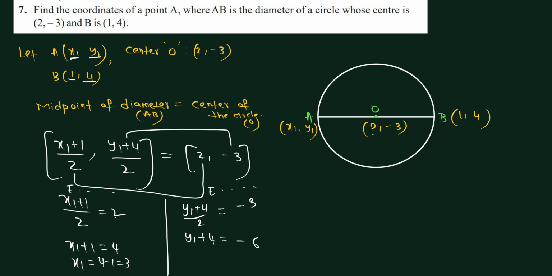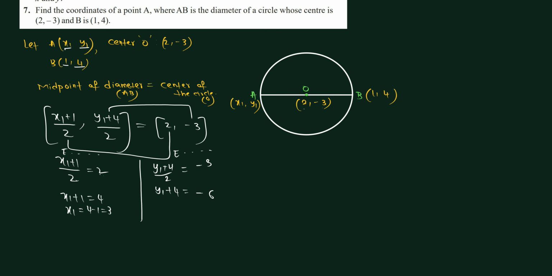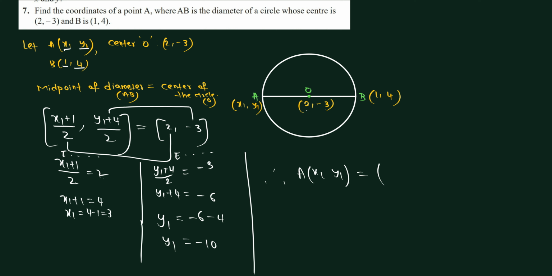So y1 + 4 equal to -6. Plus 4 when you take it this side, it will become minus 4. So y1 equal to -6 minus 4, which is -10.